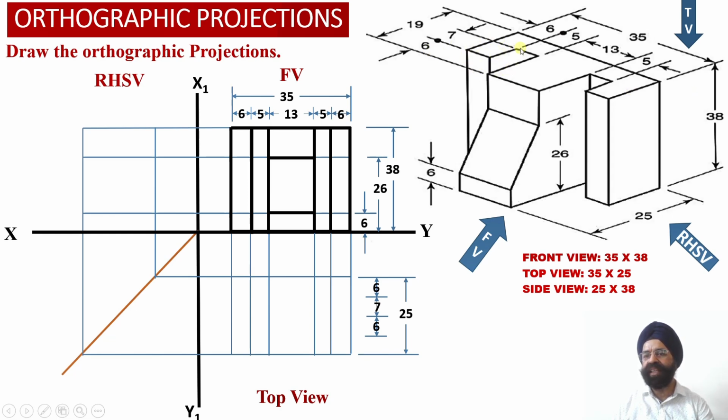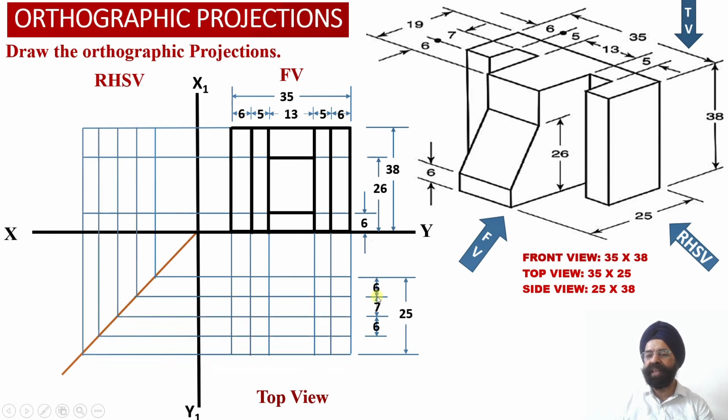This dimension, that is the dimension of the slot, is 7 millimeter. So out of 19 millimeter, the remaining portion is the depth of this vertical web which lies parallel to the front face of the solid. And this vertical web has been obtained onto the rear face of the solid over here. So from the rear face of the solid, we have marked a distance of 6 millimeter.